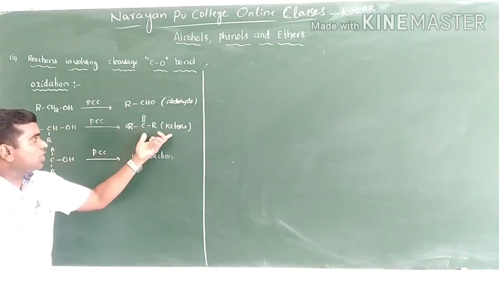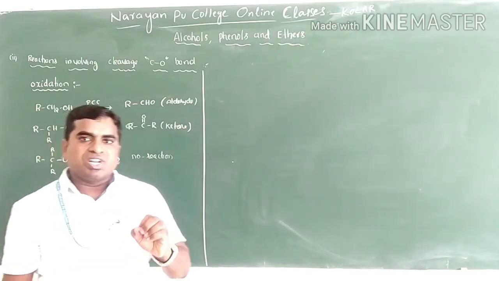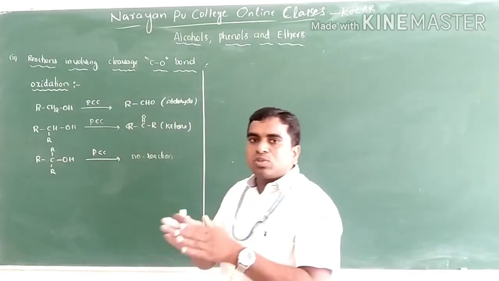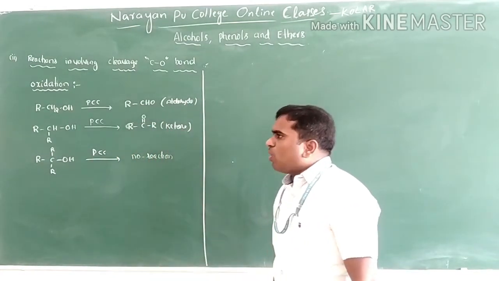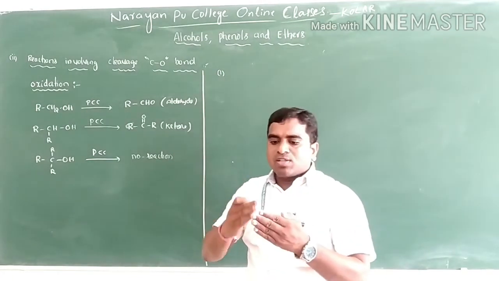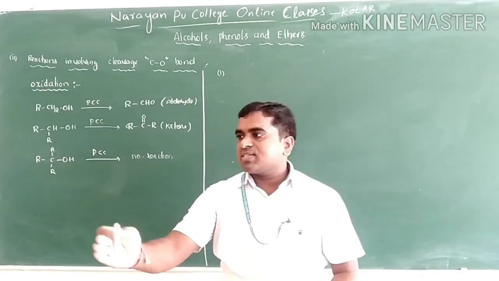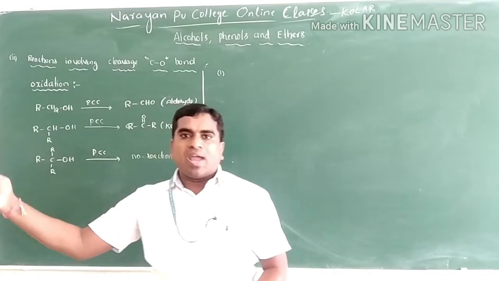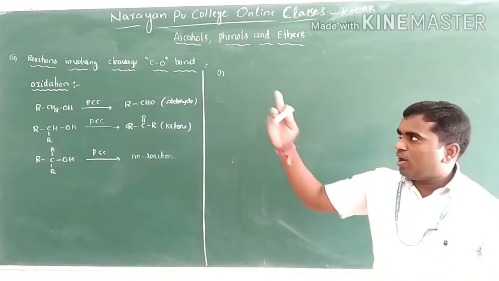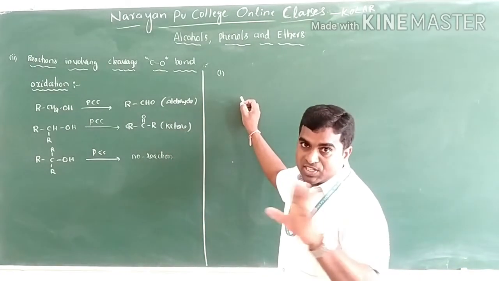Secondary alcohols are converted to ketones, and tertiary alcohols will not be involved in the oxidation reaction because there is no H to remove. Now, first I mentioned primary alcohols. If I take the strong oxidizing agent, primary alcohols are converted into aldehydes, and aldehydes are converted into acids with the same number of carbon atoms. I am talking about the strong oxidizing agent here.